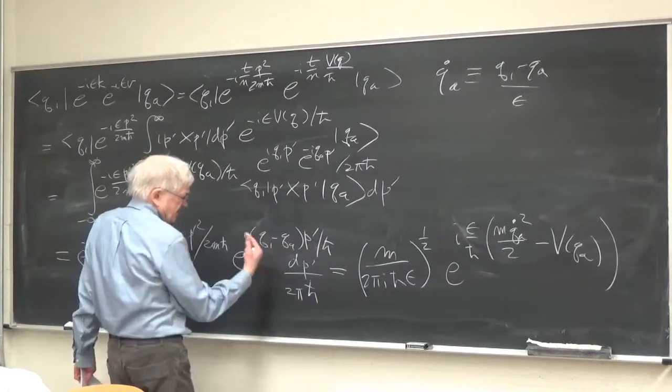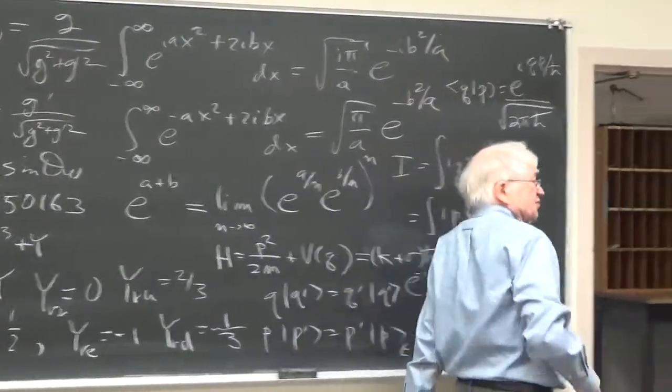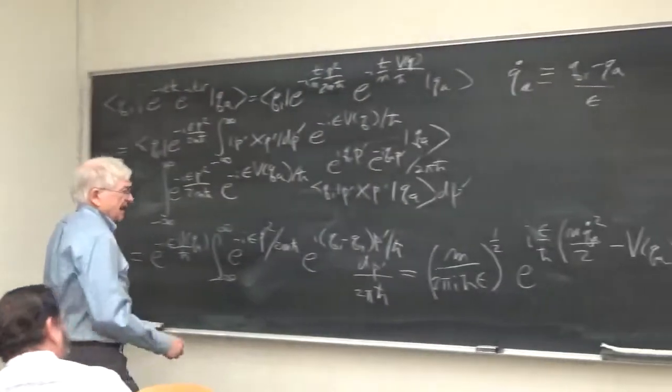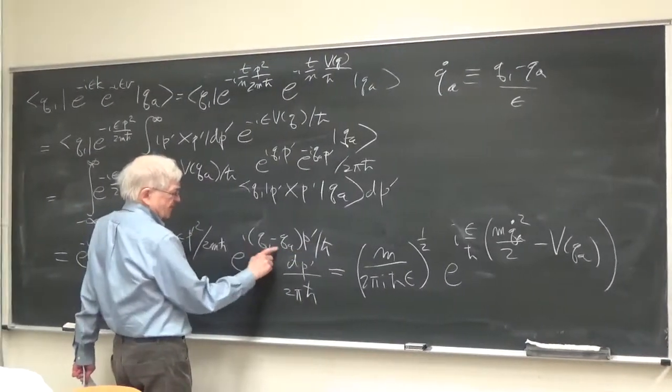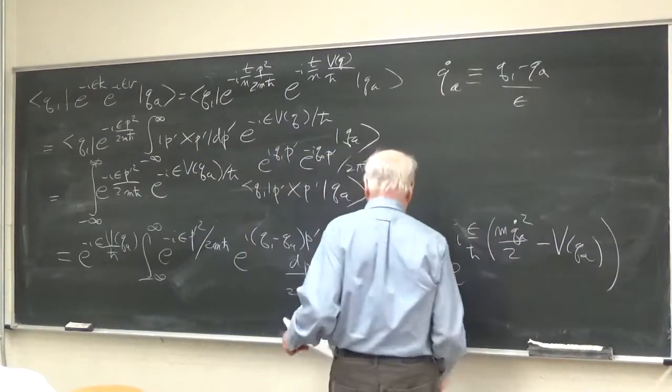So from the formula over here, the coefficient of x gets squared in the exponential. x here is p prime, and so q1 minus qa gets squared here.